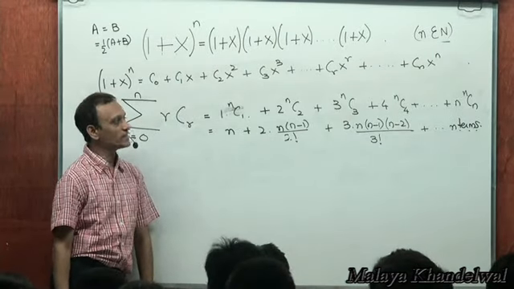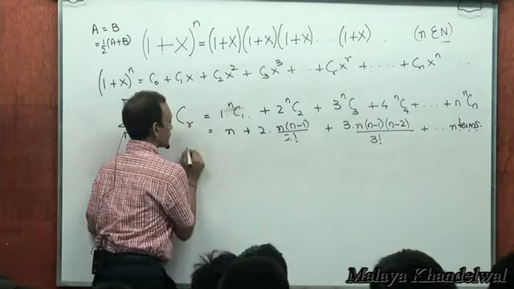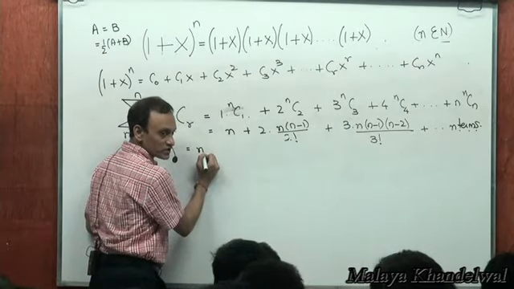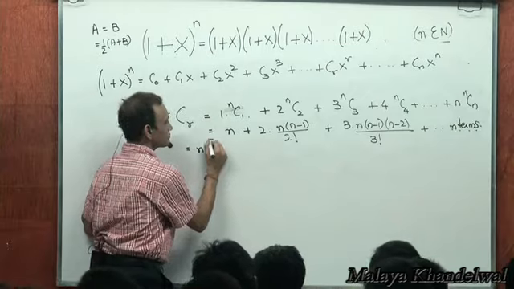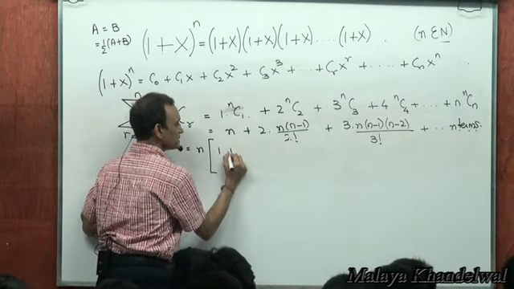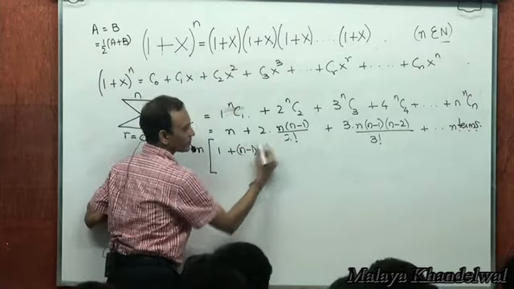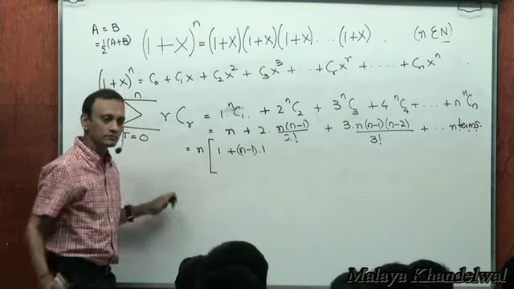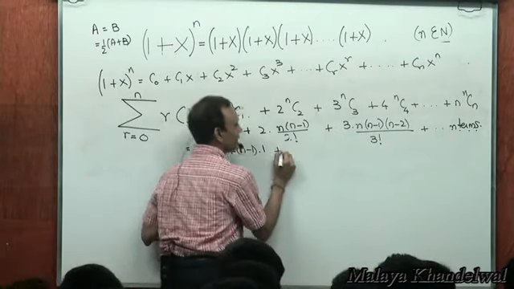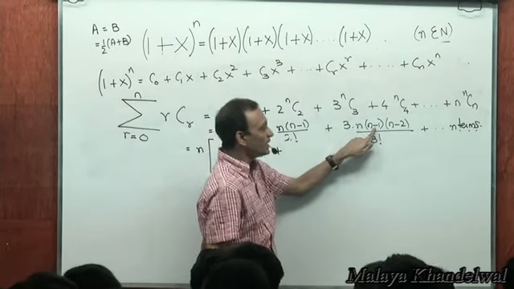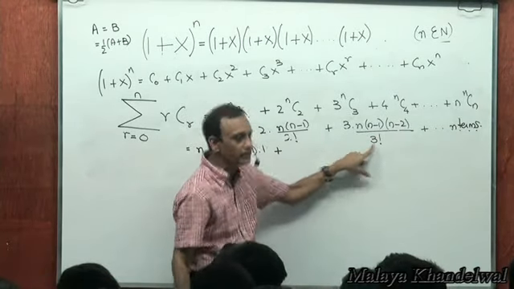Now what I do is, I take n common from this. n into 1 plus n minus 1 into 1. You allow me to do that? Then n minus 1 into n minus 2, 3 by 3 factorial will leave you with a 2 factorial here.